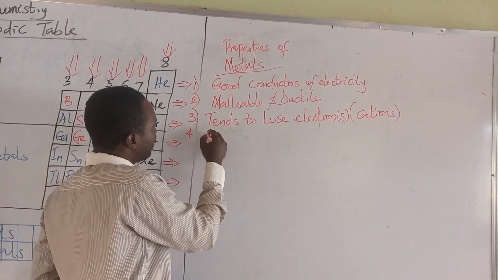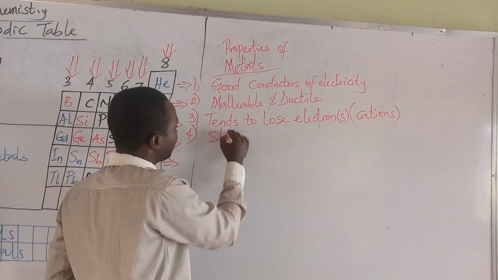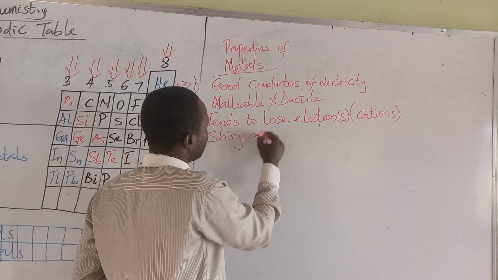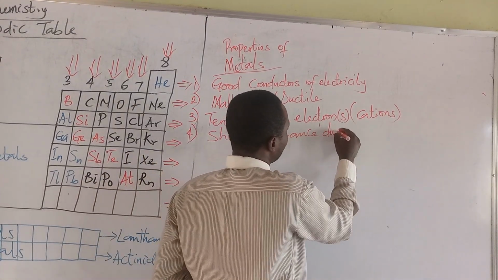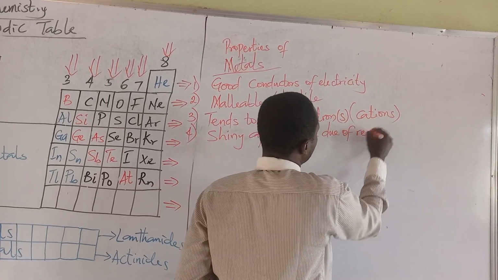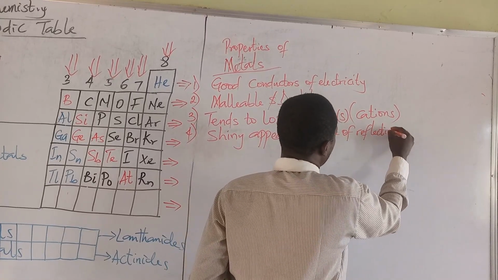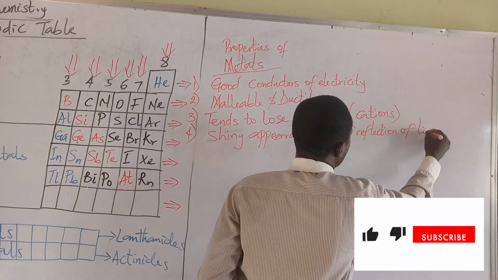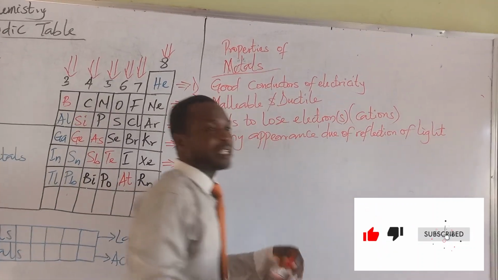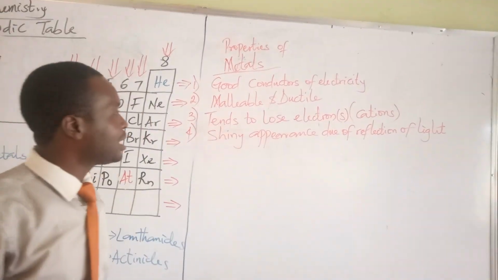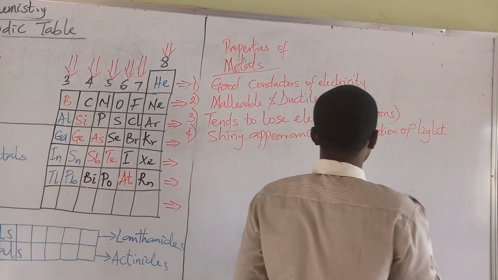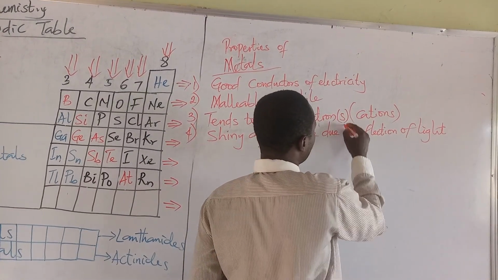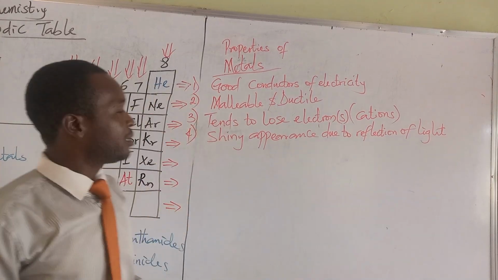Then metals have a shining appearance. That's due to reflection of light. Most of them glitter, they shine.